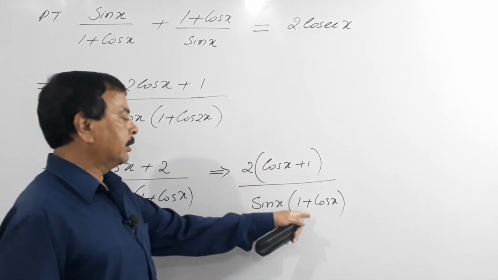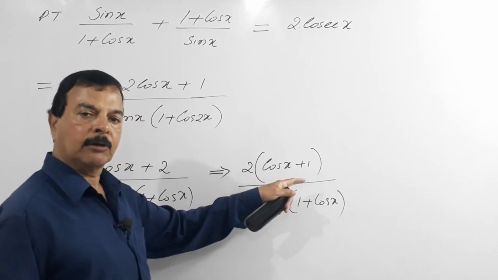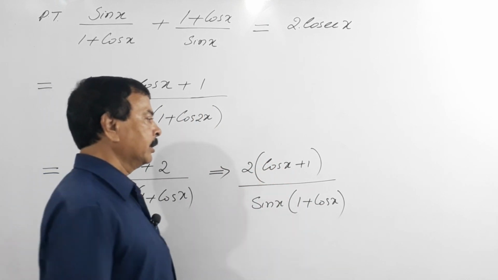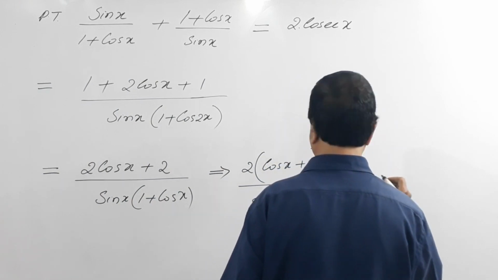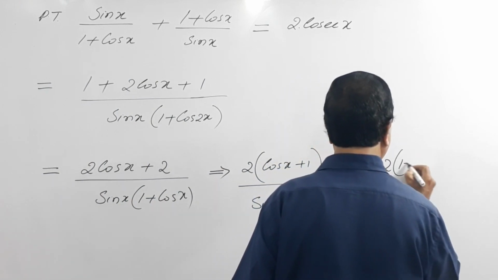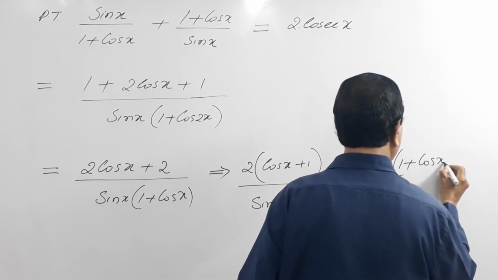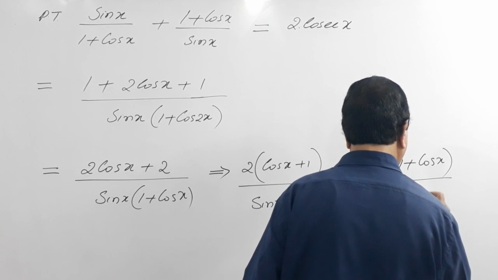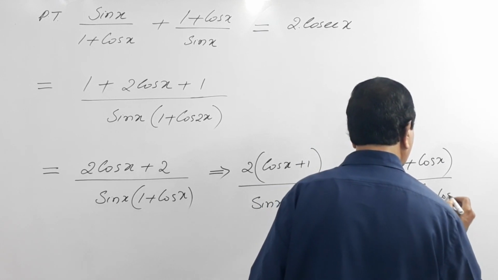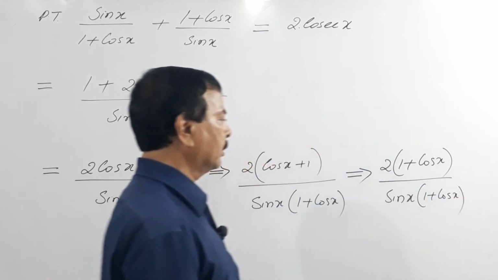I'll rearrange this in the same way: a plus b is equal to b plus a. So this is nothing but 2 into 1 plus cos x divided by sin x into 1 plus cos x.